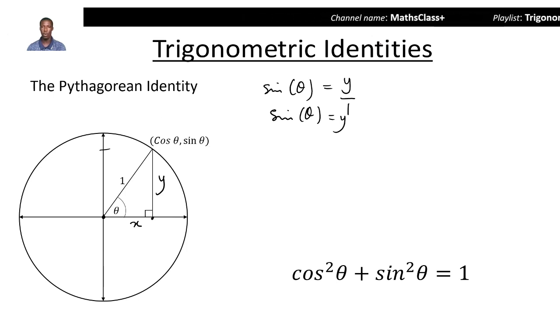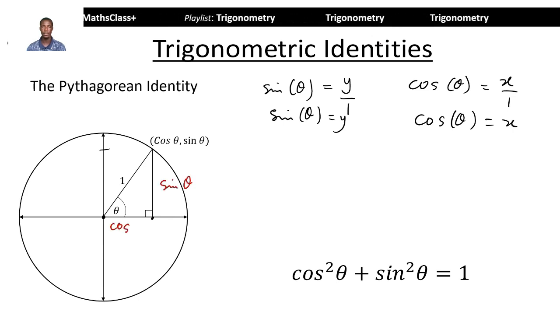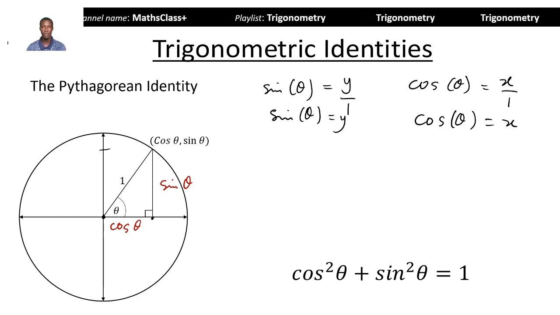Then if I take cos of the angle, it gives me adjacent over hypotenuse, which is x over 1, and that's cos theta is equal to x. So the x here is also replaced with cos theta. So I can clean the x and y and replace them with sine theta and cos theta. I hope this is understandable.